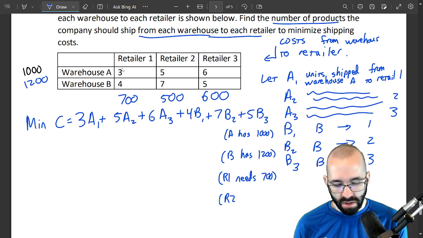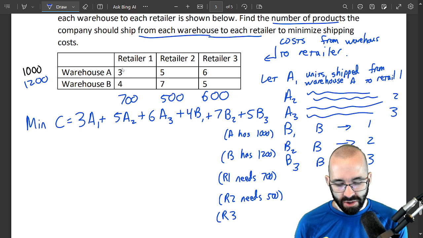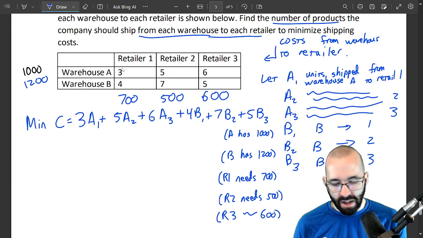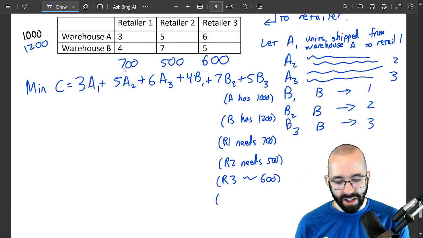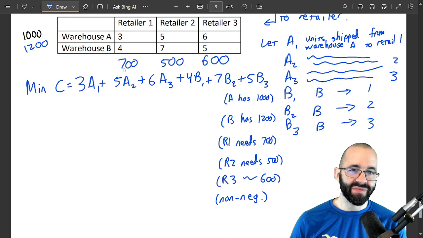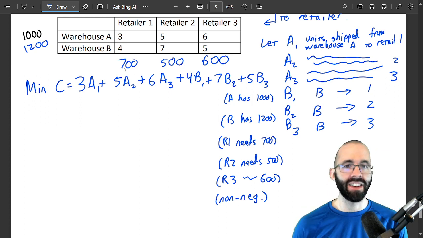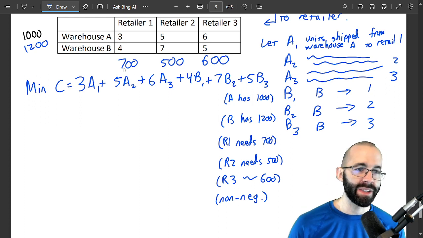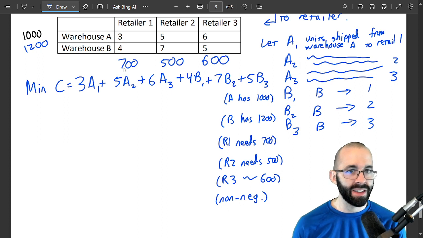Retailer 2 needs 500. Retailer 3 needs 600. Whew. And we need non-negativity constraints. Lots of requirements here. All right, and this is really starting to look more like a regular linear program instead of like a classroom linear program.